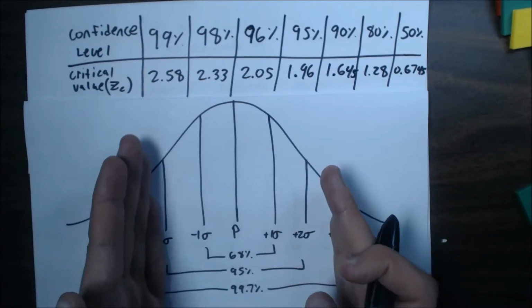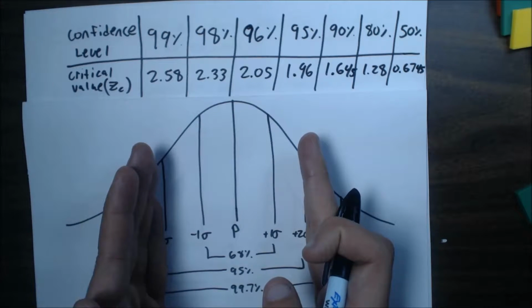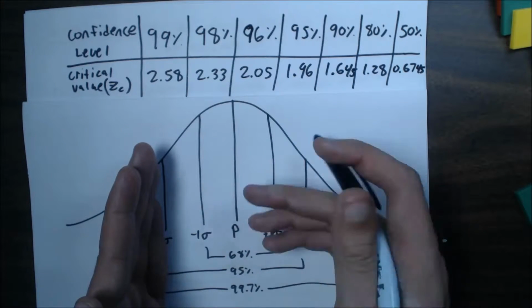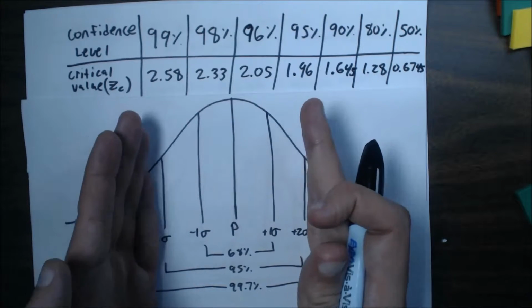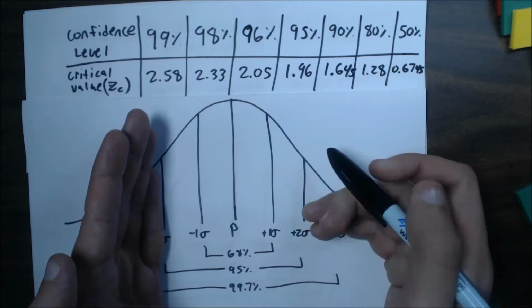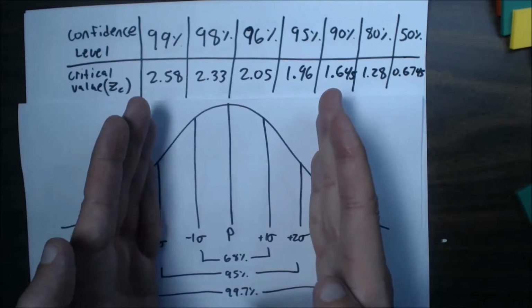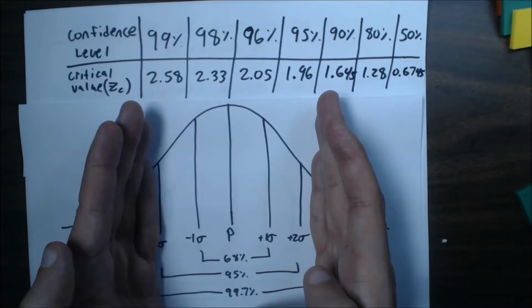I'm going to set some lower limit and some upper limit, and I'm going to say I'm pretty sure that the population proportion is in between there. Well, how certain can I be? Keep in mind that this is the population proportion here. How certain am I that the actual population proportion is in between those 2 numbers? Well, since this would be 95% of my data, I can be 95% confident that in between that lower and upper bound limit, the actual population proportion is going to be in there.